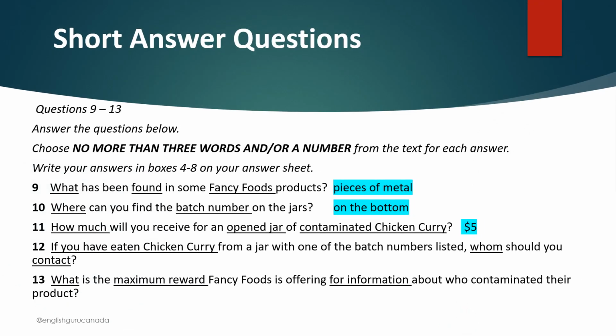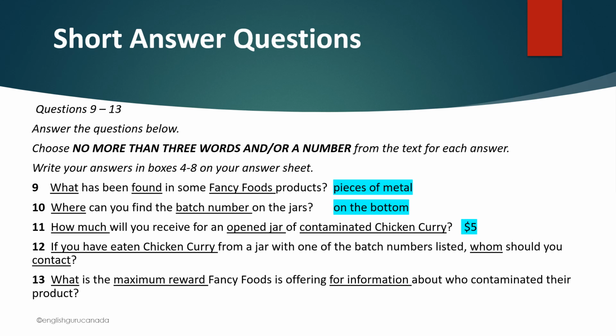And our answer would be $5 for question 11. And as you see, this is a number, so I'm within the word limit. So if you write $5 as FIVE and then DOLLARS, that would still be correct.